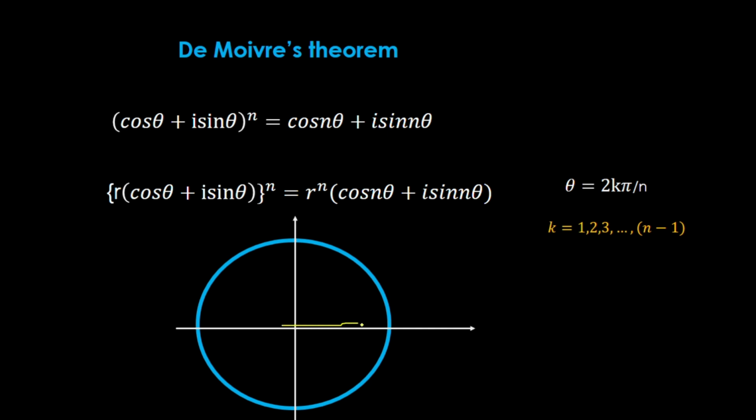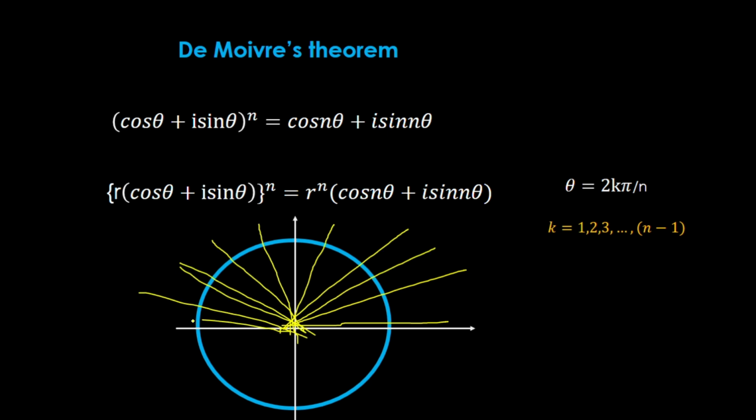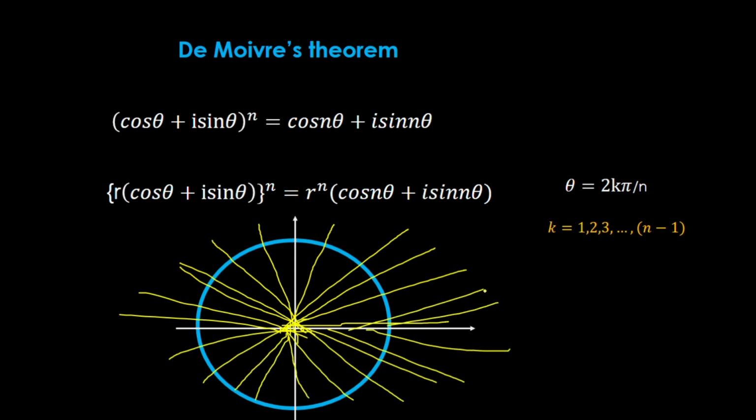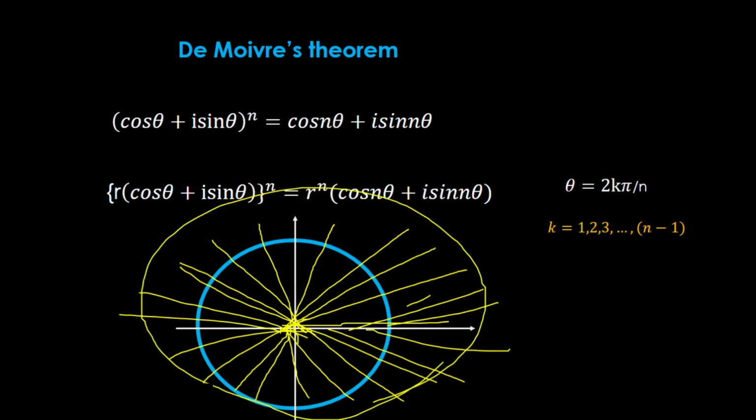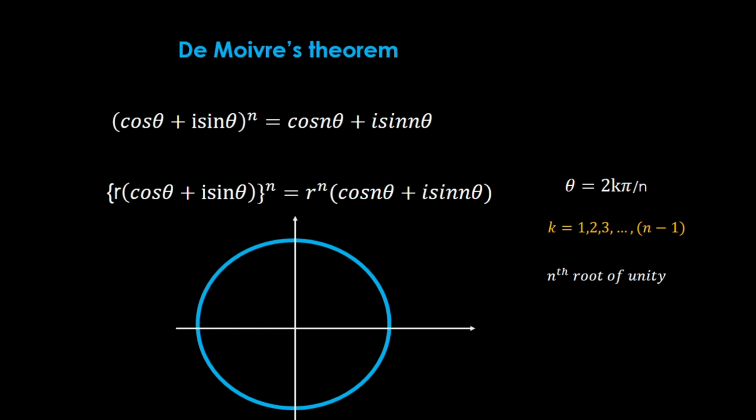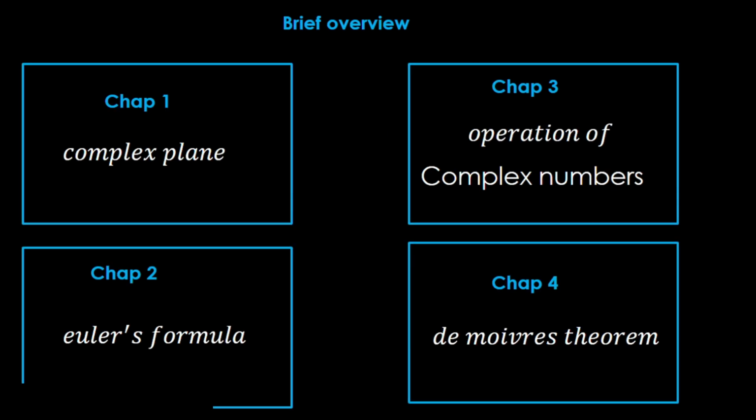If you start plotting the different values of k, k1, k2, k3, k4, k5, k6, 7, 8, now you see a bit as you're going, you're having a circle. I'll be coming back. That is what happens, and those points are called the n roots of unity.